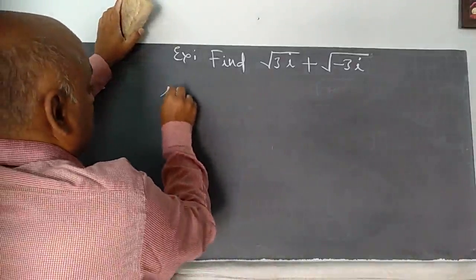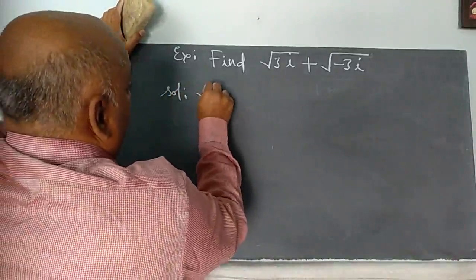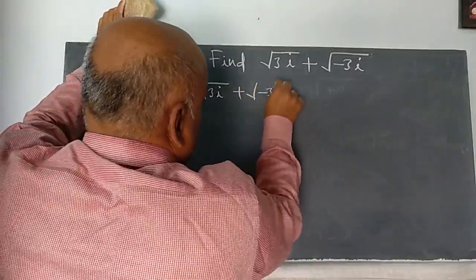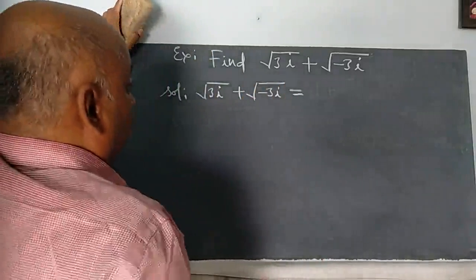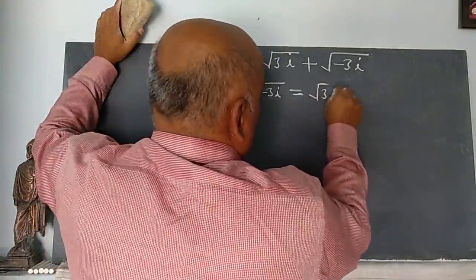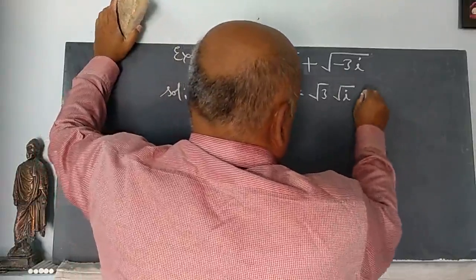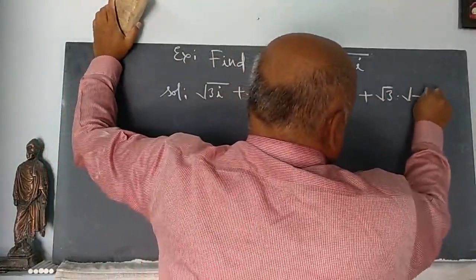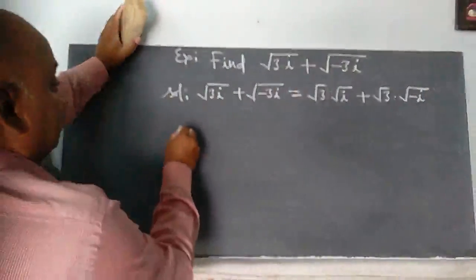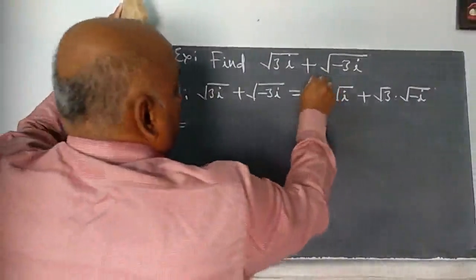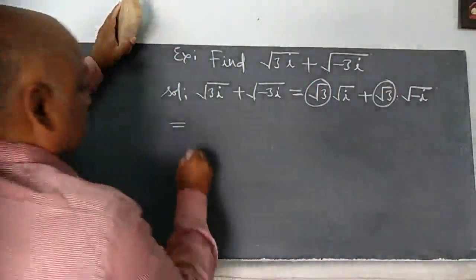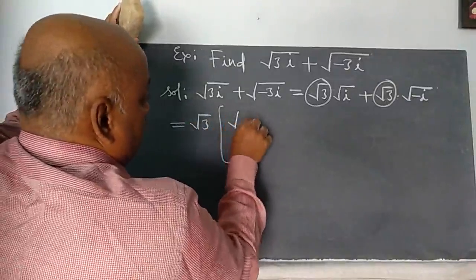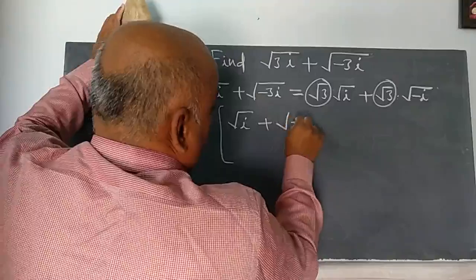So here is the solution. Root 3i plus square root of minus 3i equals root 3 into root i plus root 3 into root minus i. Root 3 is common, so root 3 into (root i plus root minus i).